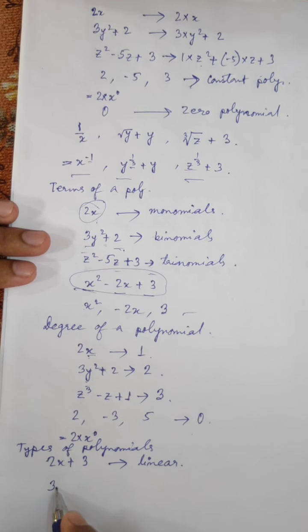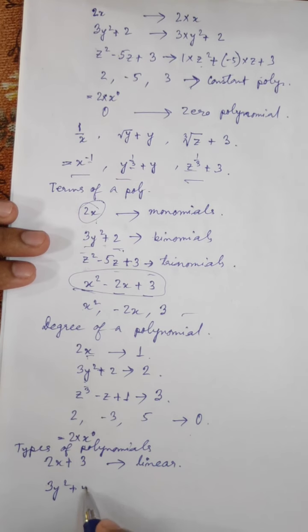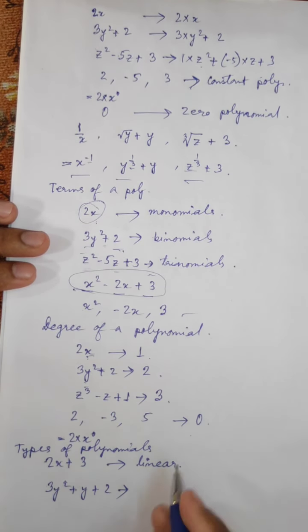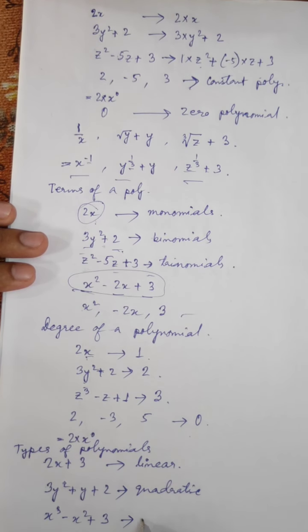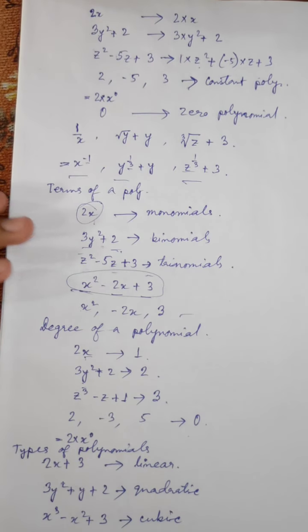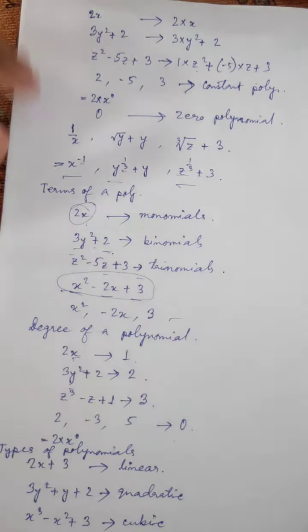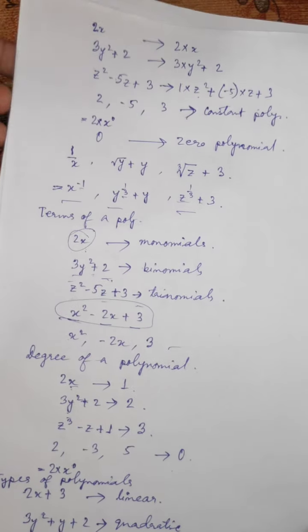Now if I write 3y square plus y plus 2, the degree of this polynomial is 2, so this is a quadratic polynomial. If I write x cube minus x square plus 3, this is called a cubic polynomial, as the degree of this polynomial is 3. This way we determine the types of the polynomials.